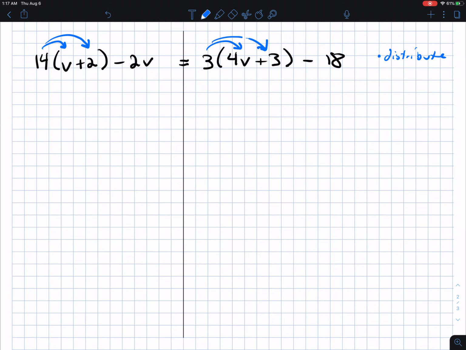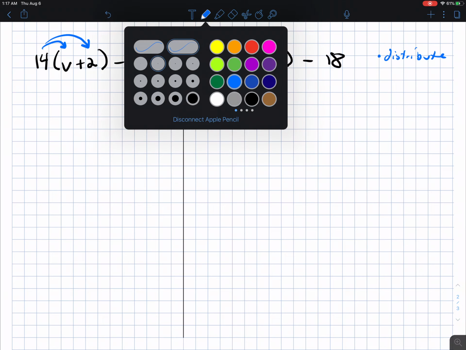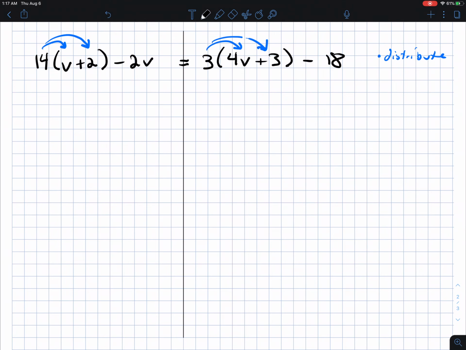We distribute the 14 and we get 14v plus 28 minus 2v. And on the right-hand side, 3 times 4 is 12v plus 9 minus 18.